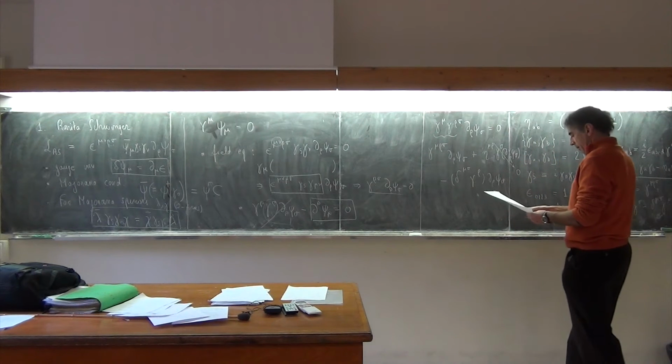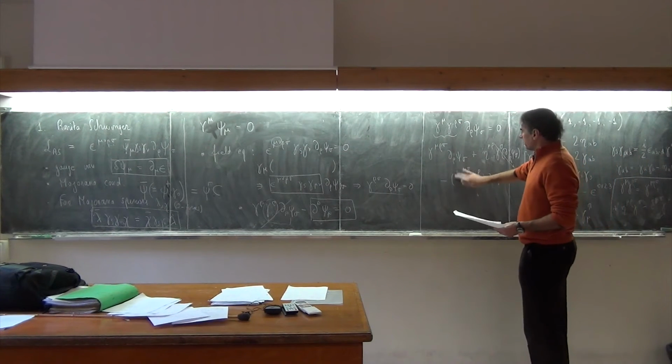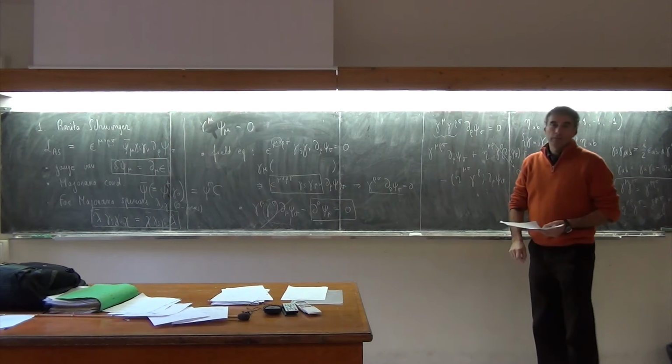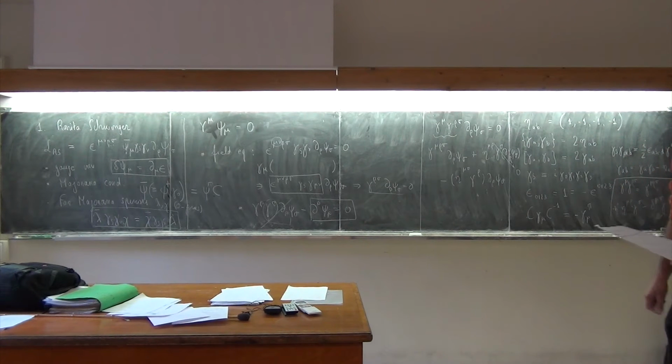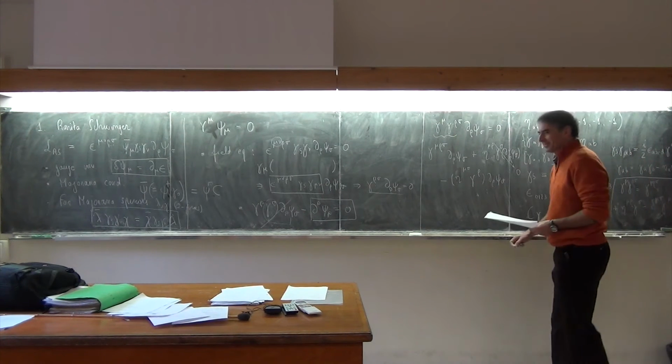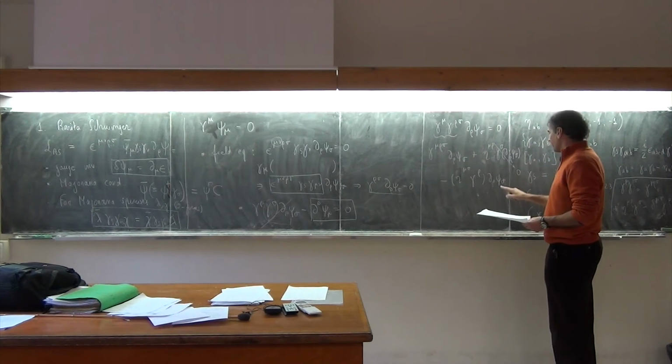Yes? Right, it is an eta, yes, you're right. Sometimes I write delta, sometimes I write eta, but it is always eta. So don't worry. So this really tells you that there is a psi mu.